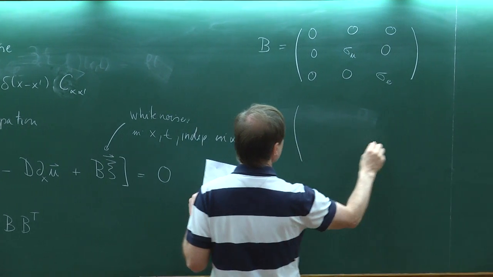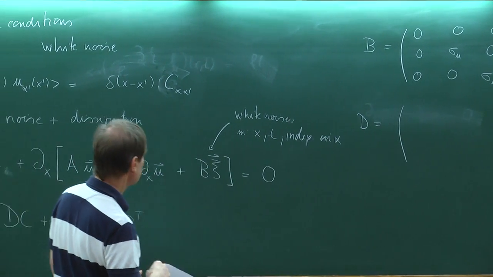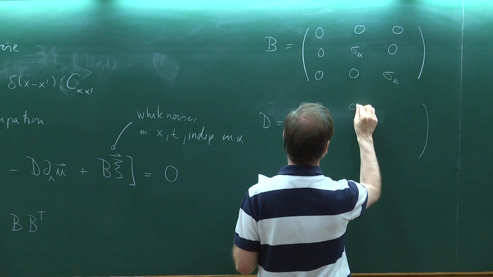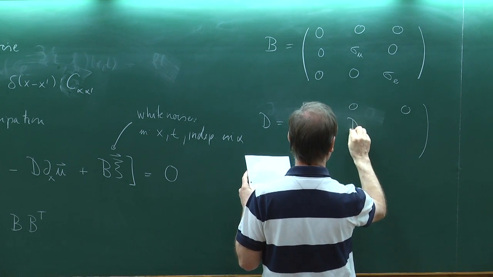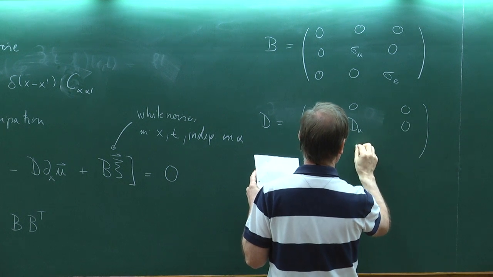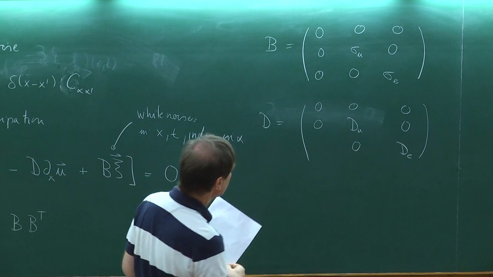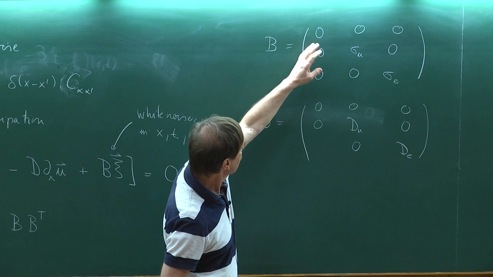Now, once I made this ansatz, the D is uniquely determined, and if I do this computation, the D has lots of zeros. It has some D_u sitting here, which is some positive number, and it has some D_e sitting. But if everything were diagonal, you would be in trouble, because then the noise would not act on the zero component at all.